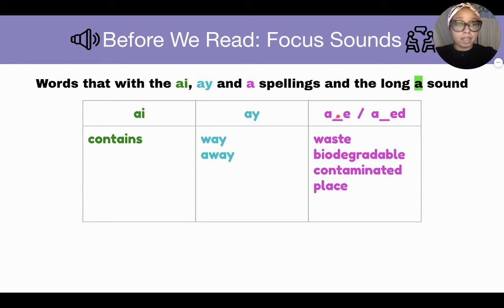For a consonant and then E, or a consonant ED, you will see words like waste, biodegradable, contaminated, place. Let's keep reading.